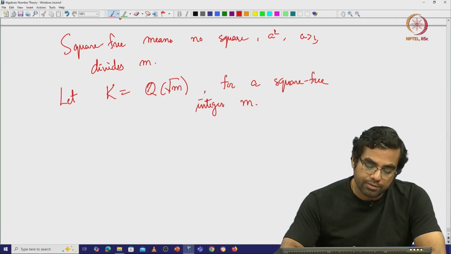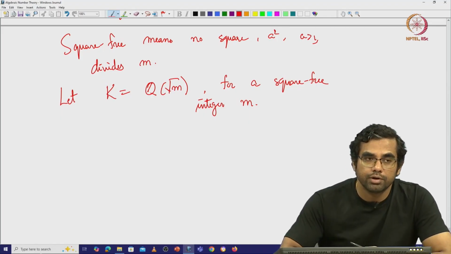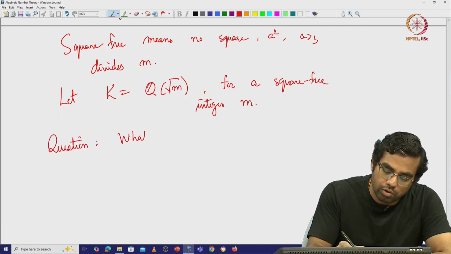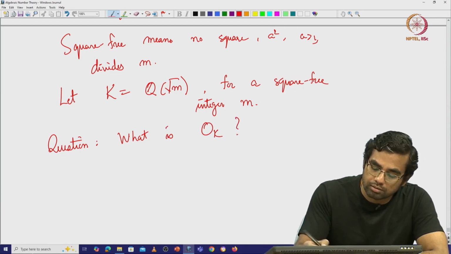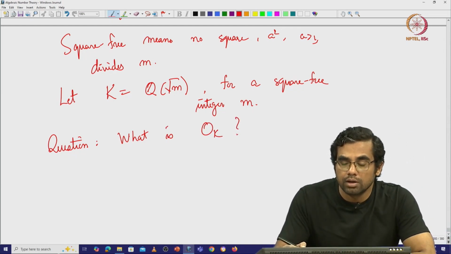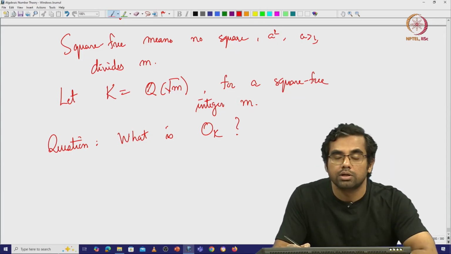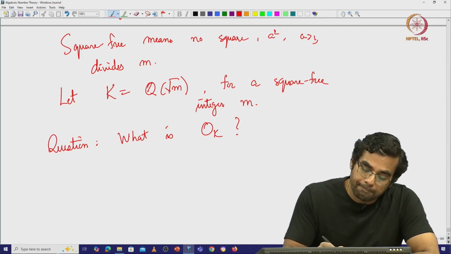So our first order of business is finding what the ring of integers is. Question 1, what is O_K? We may have done this when I introduced rings of integers, but it is a good idea to revisit it anyway.